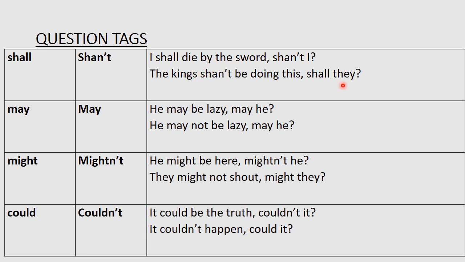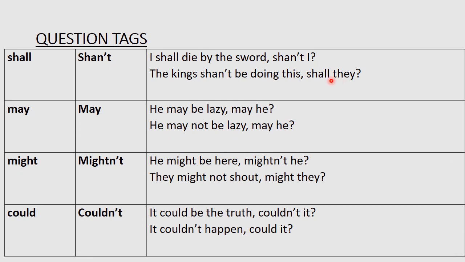Now, where did they come from? This word kings, which shows that there are many kings, is where it's coming from. That's why we're using they. If it was just one king, we could have used he. But since there are many kings, we use they.